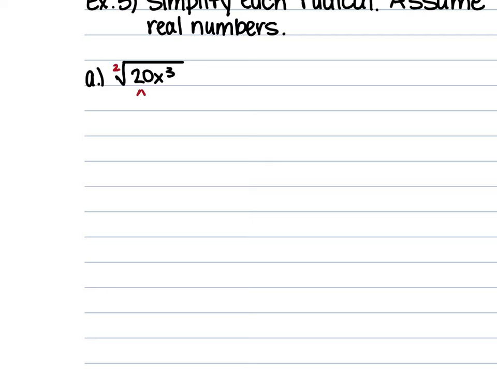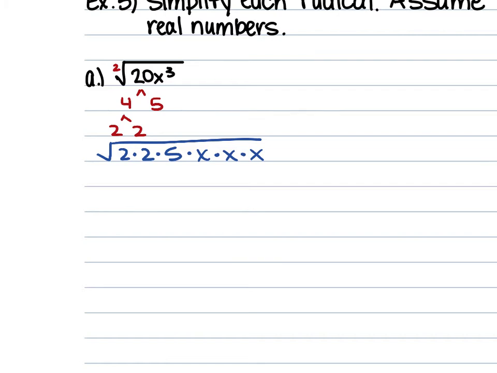We find the prime factorization of 20. We have 4 and 5. The 4 factors out to be 2 and 2. So this is the same exact thing as saying the square root of 2 times 2 times 5. If you wanted to also extend that x cubed, you could by doing x times x times x. Or again, you can just divide the 3 by 2.